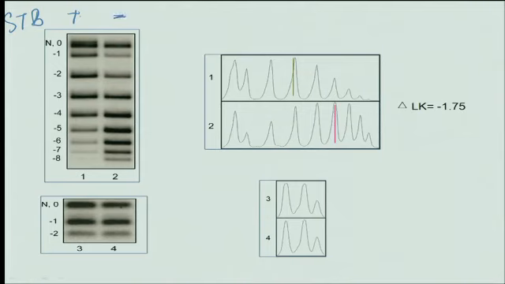Then you display the individual topoisomers by standard chloroquine electrophoresis, and you can see that the centromere, the STB topology distribution is centered at some point here in the functional state, some point here in the non-functional state, and the linkage difference is between 1 and 2 units, closer to 2.